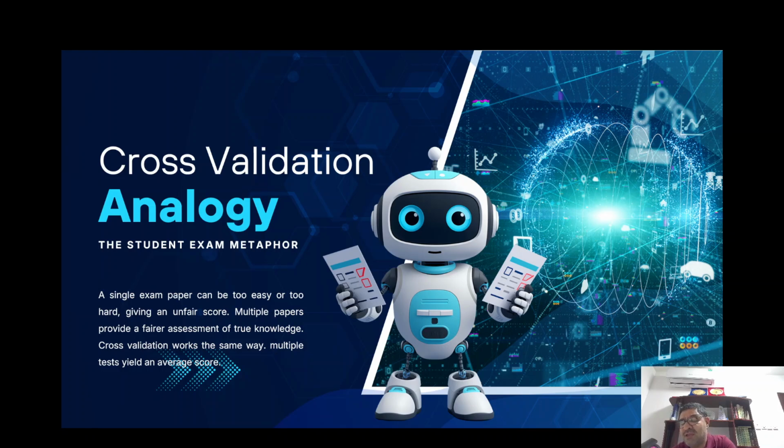We can ascertain the realistic performance of a student by giving multiple papers, and if the performance is consistent, we say the student is realistically meritorious. It is not just an isolated incident where the student performed well or badly; it can be both cases. In the same manner, when we cross validate a model, we see how it performs consistently, and the average of that can be taken as its realistic performance.